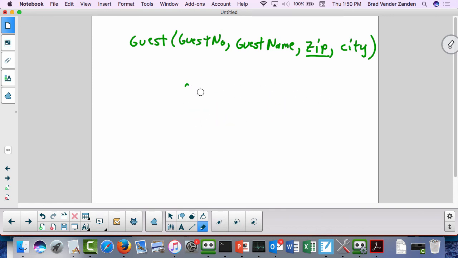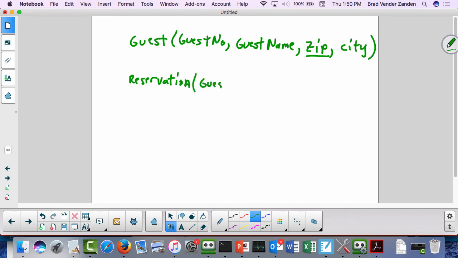that all came, and we're left with the original reservation, which still has everything else. So reservation will have guest number, we'll have hotel number, we'll have room number, we'll still have the hotel zip, and we'll still have the city, hotel city.